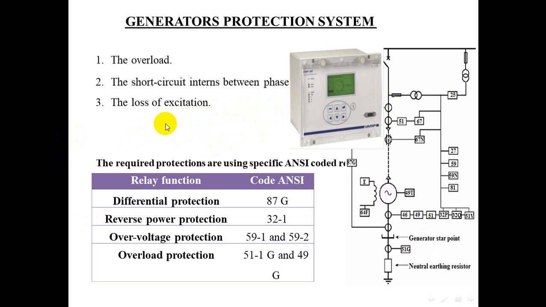3. The third type of protection system is called the loss of excitation. There are two types of relays used for the faults in the loss of excitation in the starting of the generator.